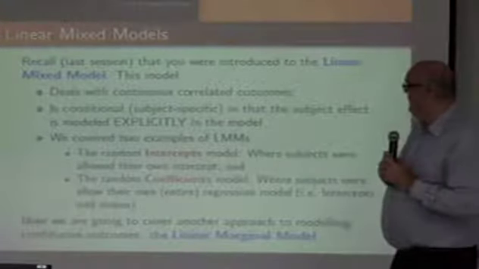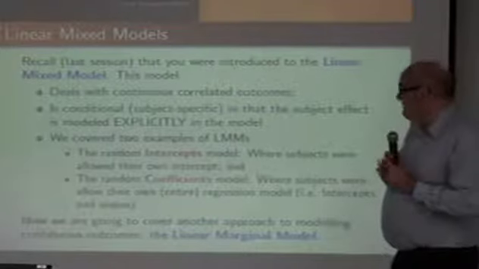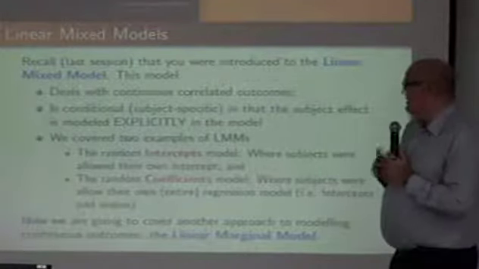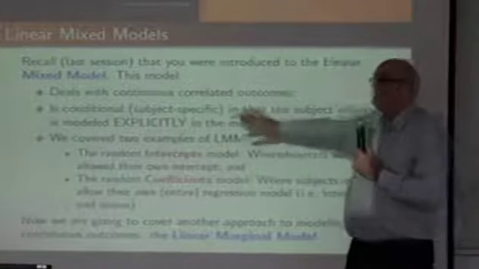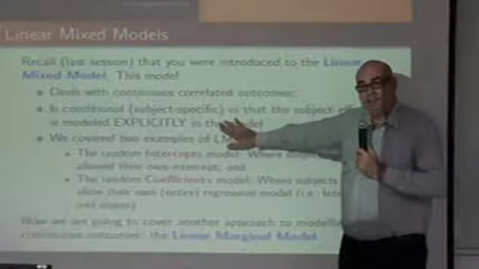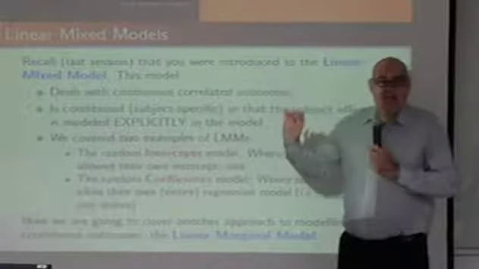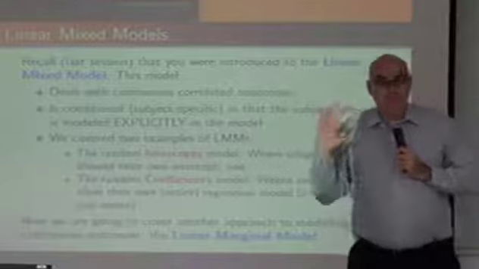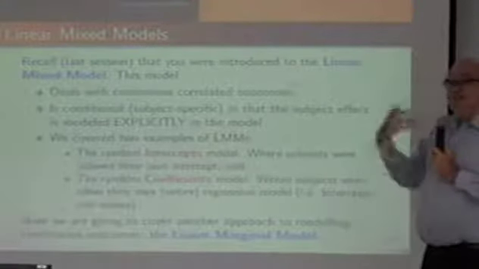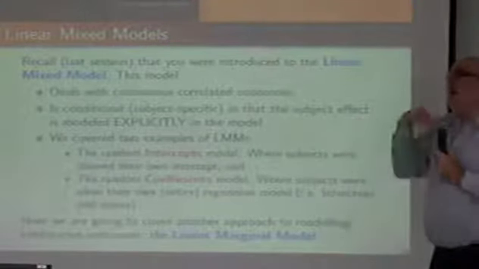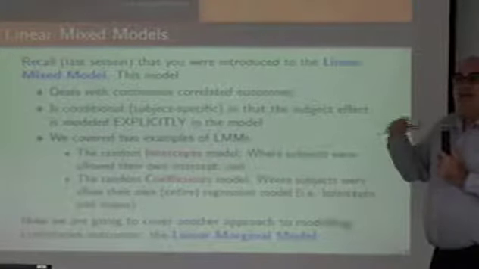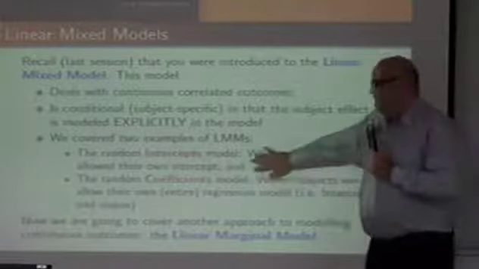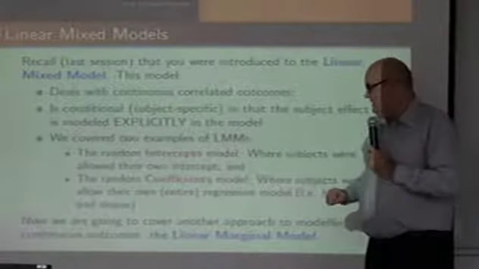We're dealing with models that deal with continuous correlated outcomes, repeated measurements data. The mixed model is conditional. It's called a conditional model, and it is subject specific. What do I mean? Every person has their own model. They have their own intercept at the very least, and if we use a random coefficients model, they also have their own slope. And we covered the two types, the random intercept and the random coefficients model.